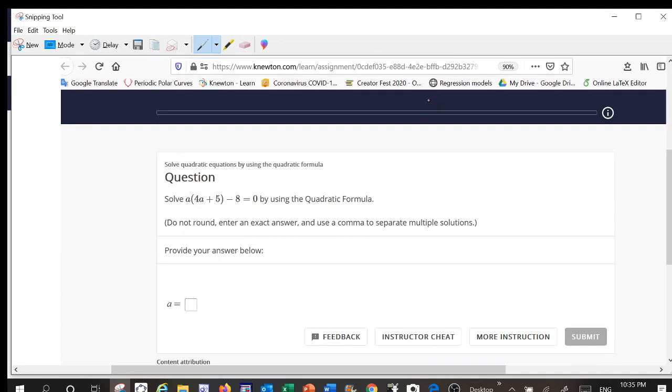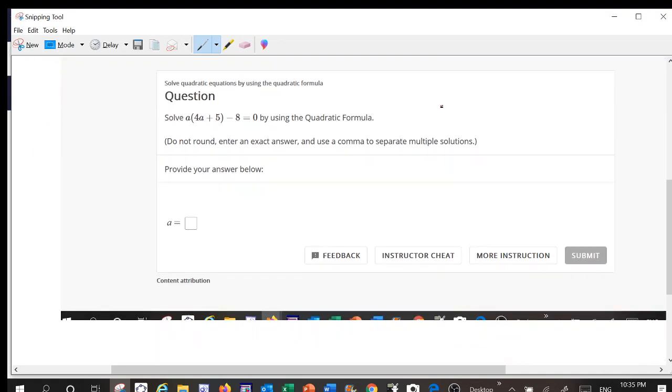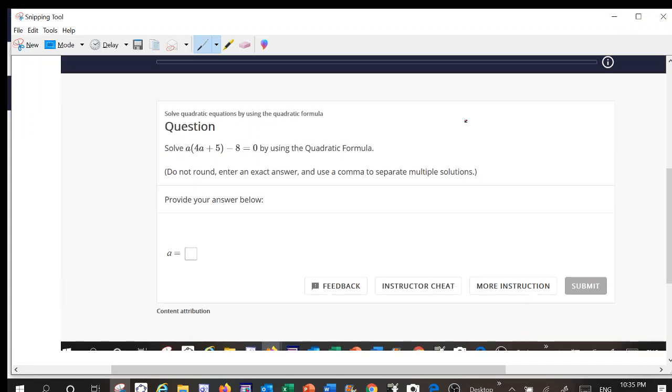So let's do a problem. It says solve this using quadratic formula. Now, to solve this, first we have to write this in the form that we had above. So we have to distribute this a. So a times 4a is 4a squared, plus a times 5 is 5a, and then minus 8 equals 0, right?